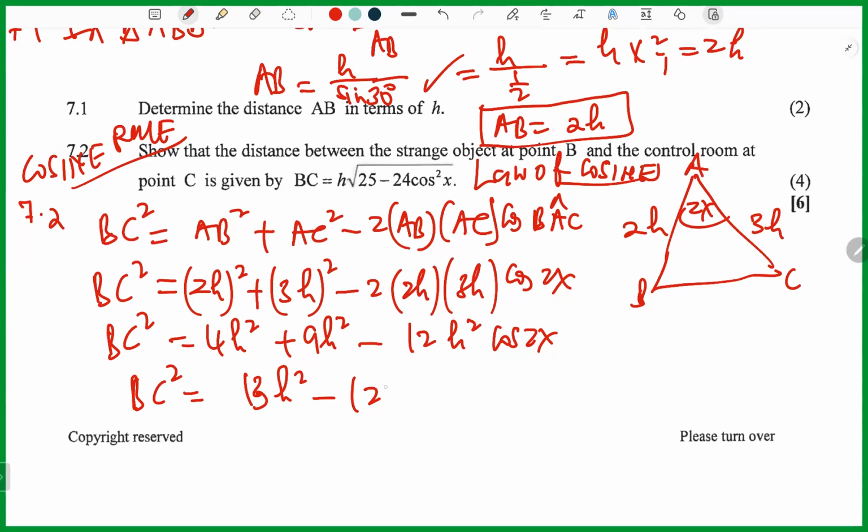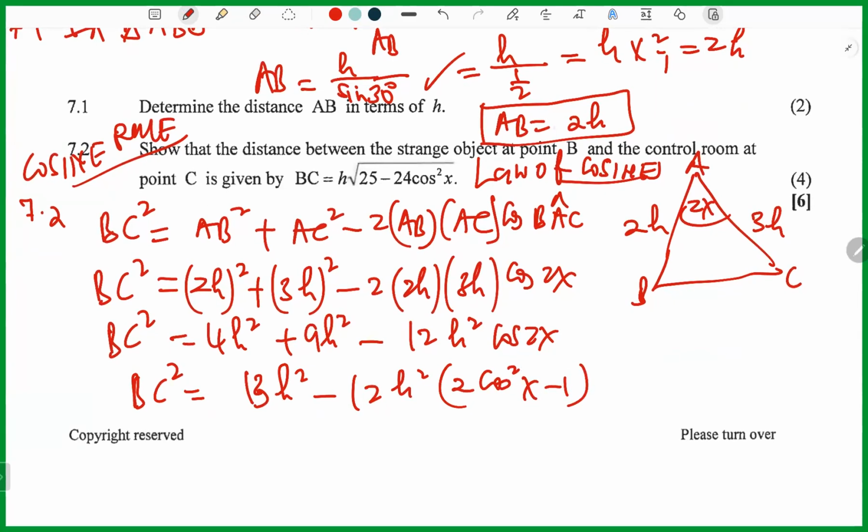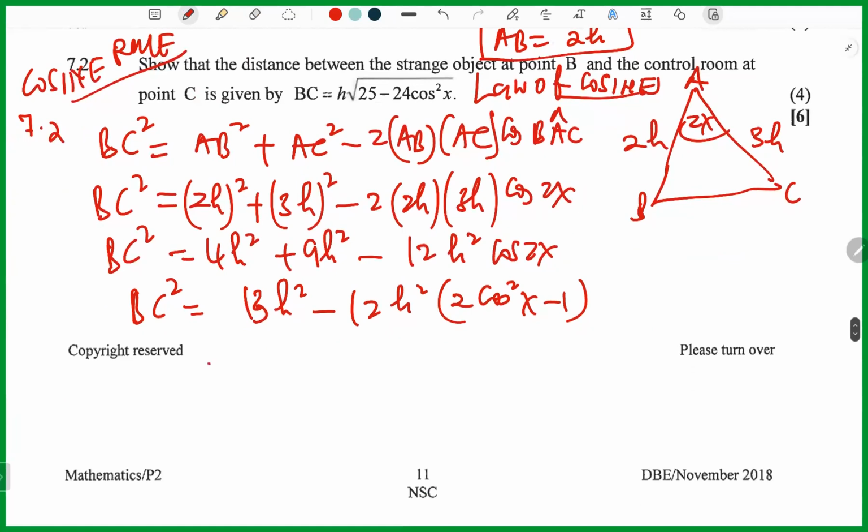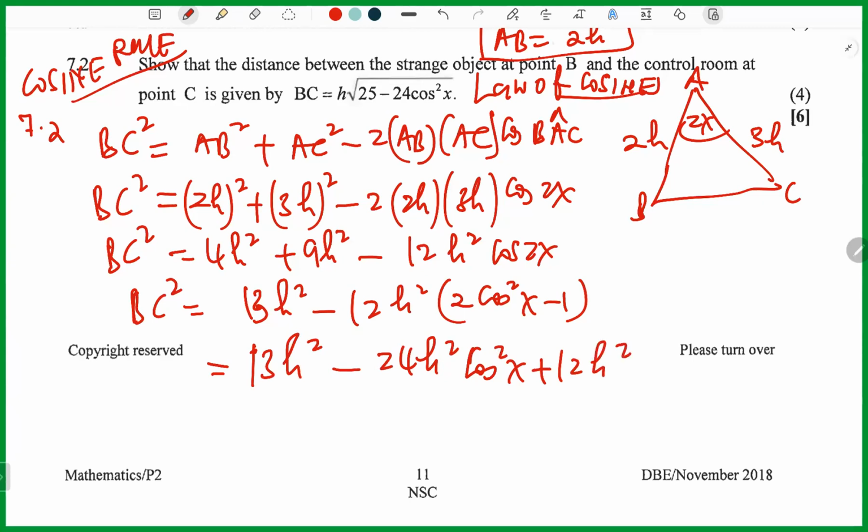4 plus 9 is 13h squared minus 12h squared. What is cosine 2x? The double angle formula, which is 2 cosine squared x minus 1. Okay, I'm very aware that your laptop is running on low battery, so I'm rounding up my discussion. So if you multiply through here, this is going to be 24h squared cosine squared x minus, okay, minus minus is going to be plus 12h squared.